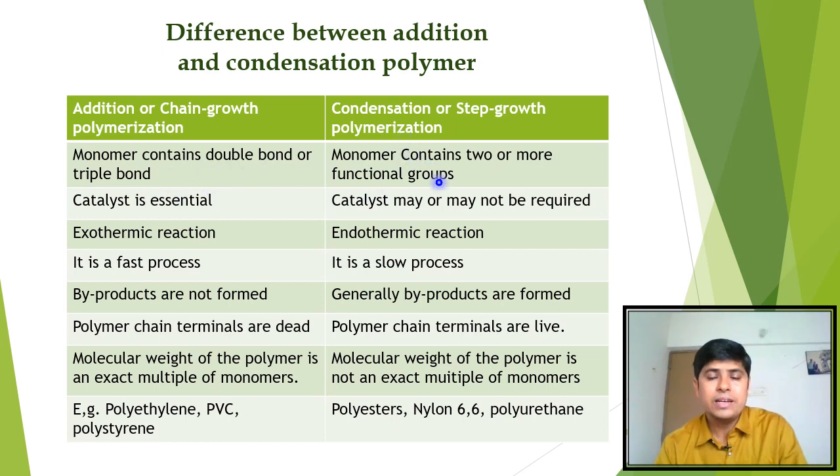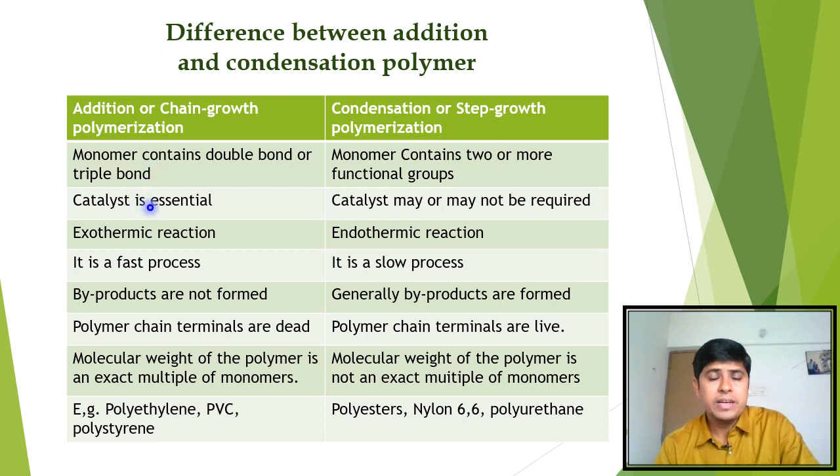For example, adipic acid, hexamethylene diamine, and here vinyl chloride. So here the monomer is vinyl chloride. In addition polymerization, a catalyst is essential, while in condensation polymerization, a catalyst may or may not be required.